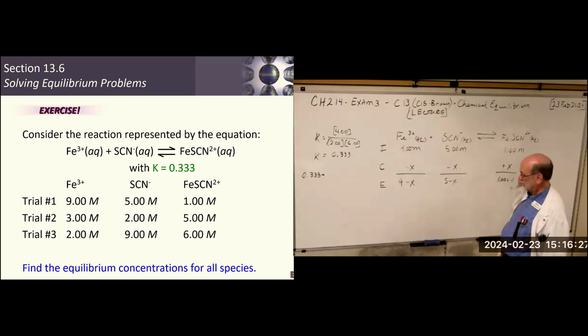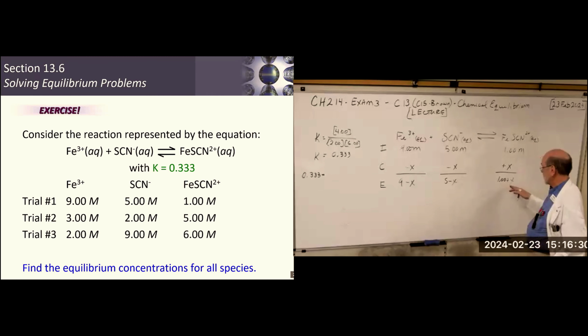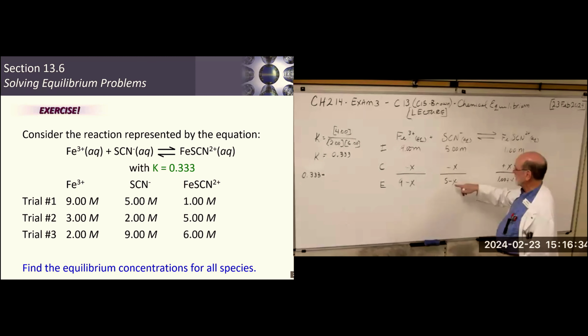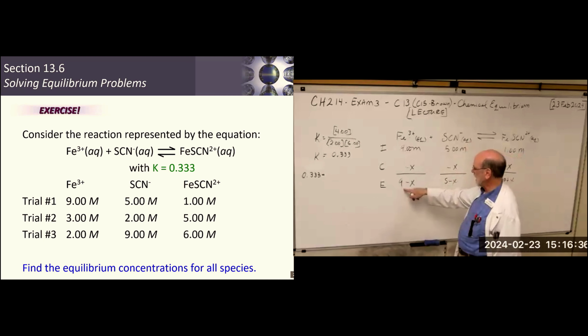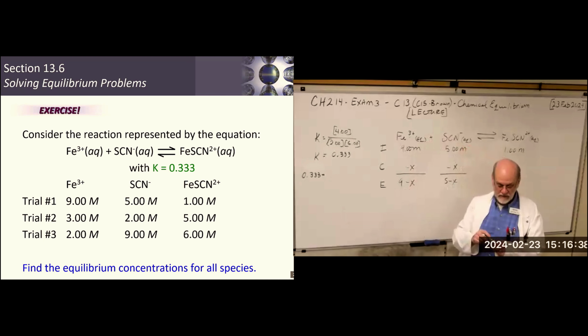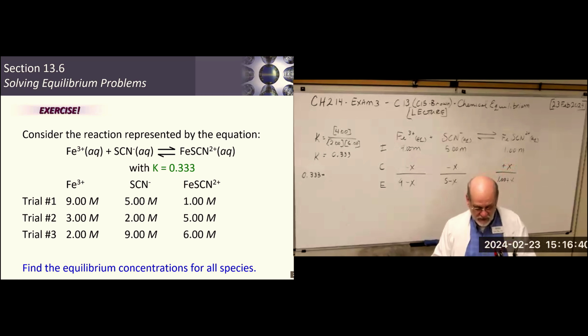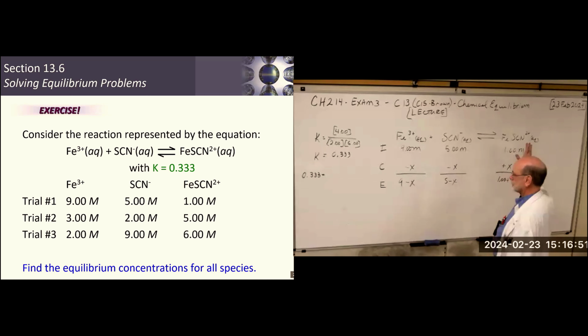Then plug them into the equation, find out what X is, and then you take X and add 1 to it. That gives you this concentration. Take 5 minus that X, 9 minus that X gives you those concentrations. And that's your equilibrium position for that starting point. So if it was greater than 0.33, the first column would be X plus, going the other way.